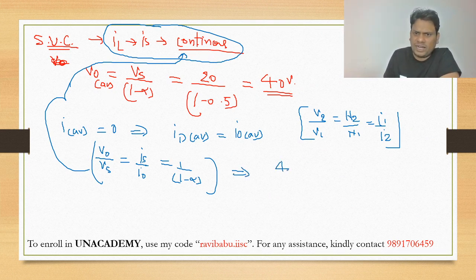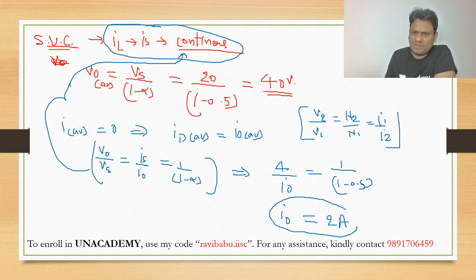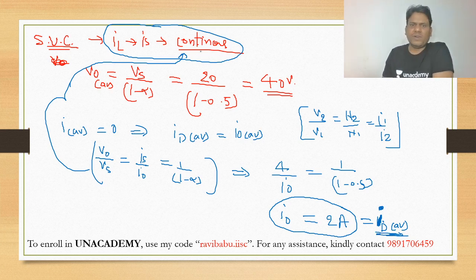We can write 4 by I naught is equal to 1 minus 0.5. So 0.5 into 4 is how much? 2 ampere. And as I told you, I naught is also equal to ID average. It is very important for this converter.